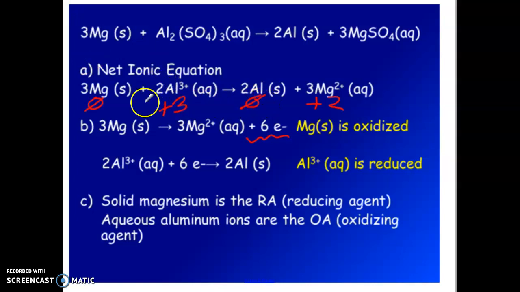And there are 2 aluminum ions, so in total, there should be 6 electrons being gained. So of course, in terms of agents, if magnesium is being oxidized, that means magnesium is the reducing agent. Aluminum ions are being reduced, which means aluminum ions are the oxidizing agents.